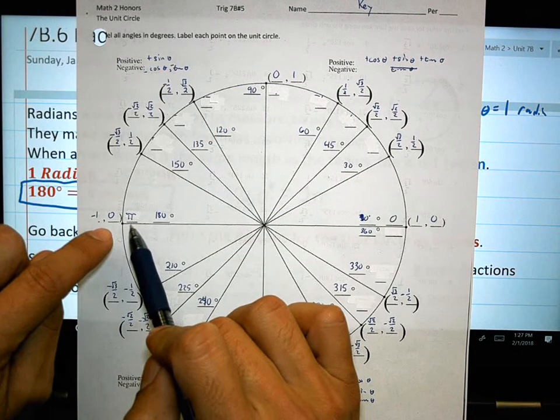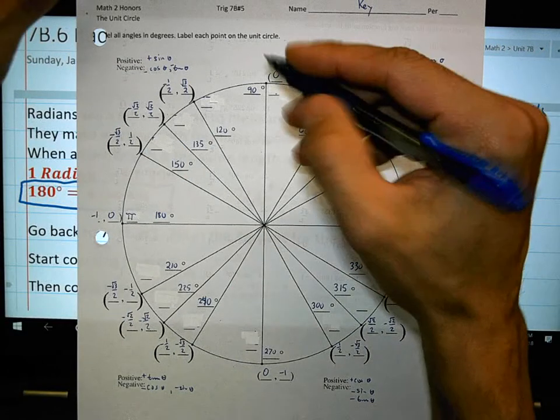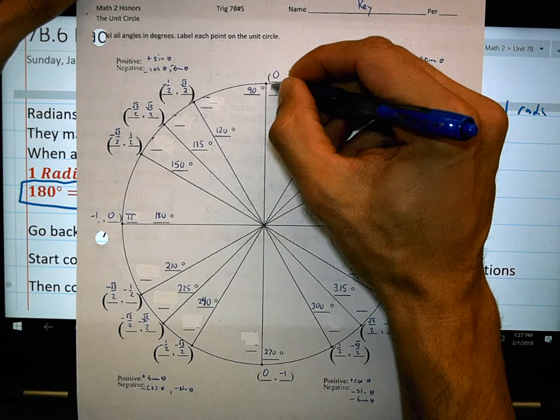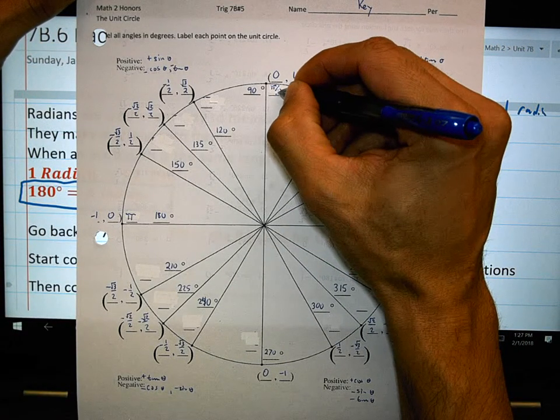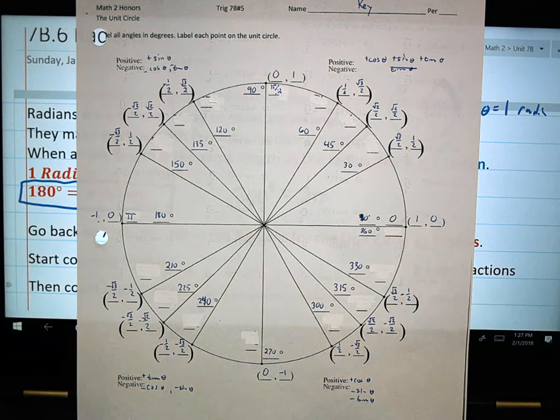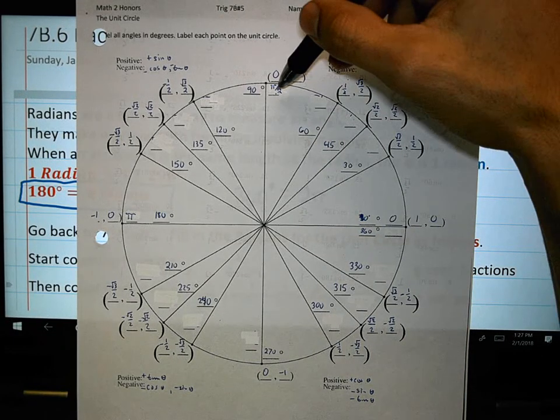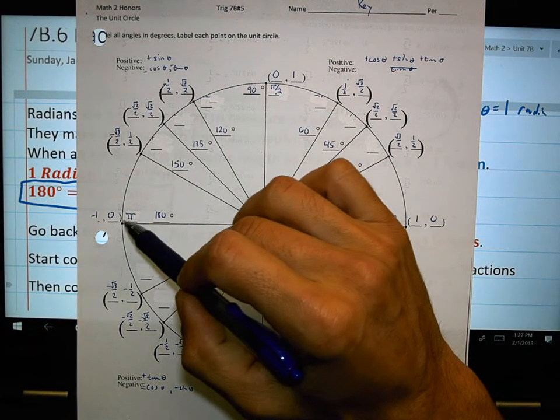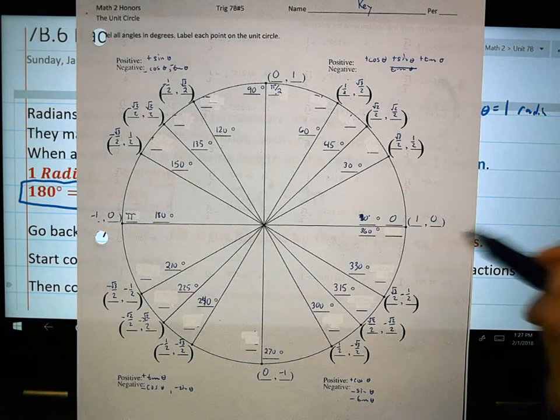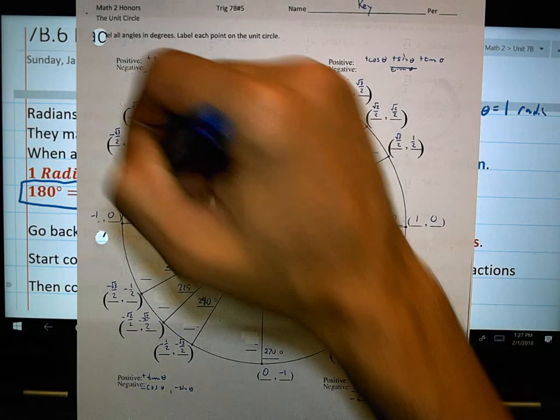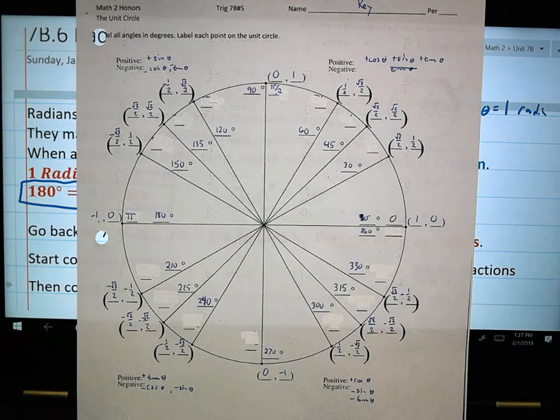If I were to take pi and cut it in half, I would get this radian measure, which is pi over 2. 2 does not go in evenly into pi. It does not reduce. Therefore, it is pi over 2. That means half of pi. From here to here, pi radians, half of it would be pi over 2.